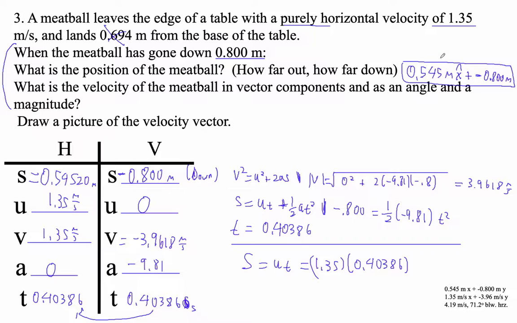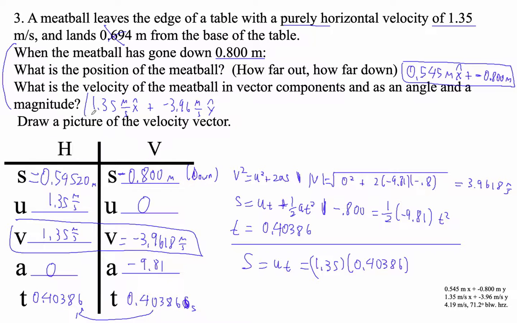And then we want the velocity in components. So the velocity components are 1.35 meters per second in the x direction, plus negative 3.96 meters per second in the y direction. So that is components.